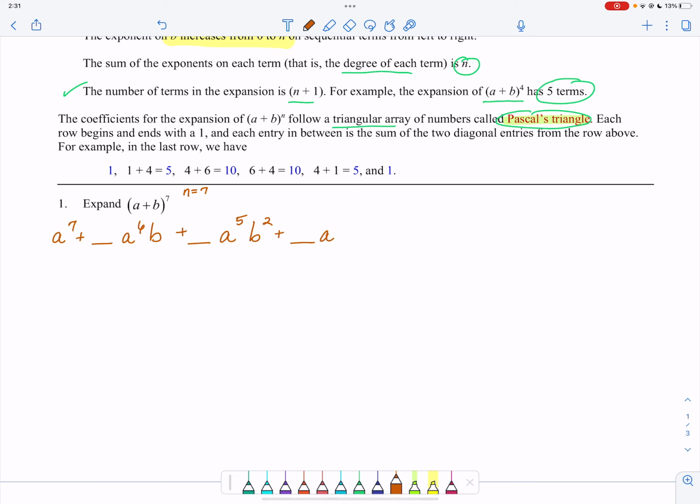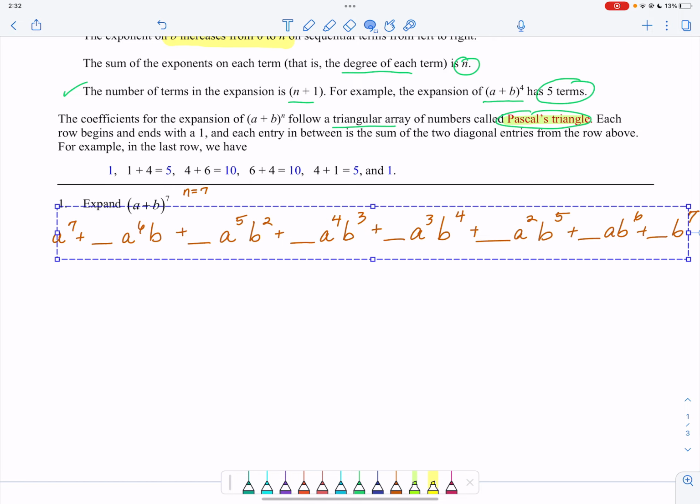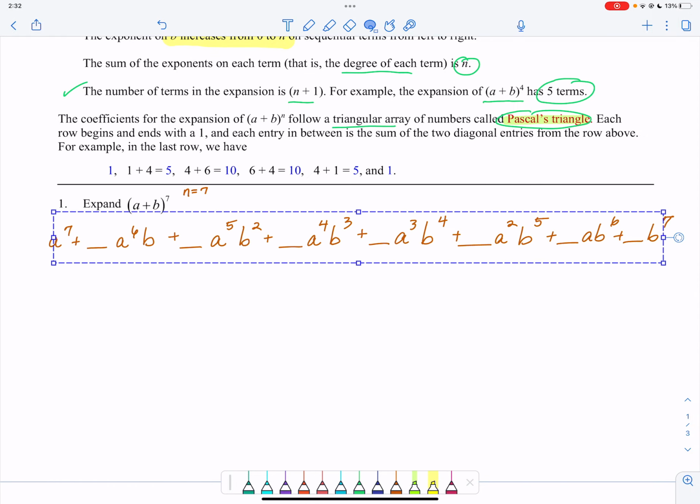Plus, you guessed it, a to the 4th b cubed, a cubed b to the 4th, a squared b to the 5th, a b to the 6th, plus b to the 7th.